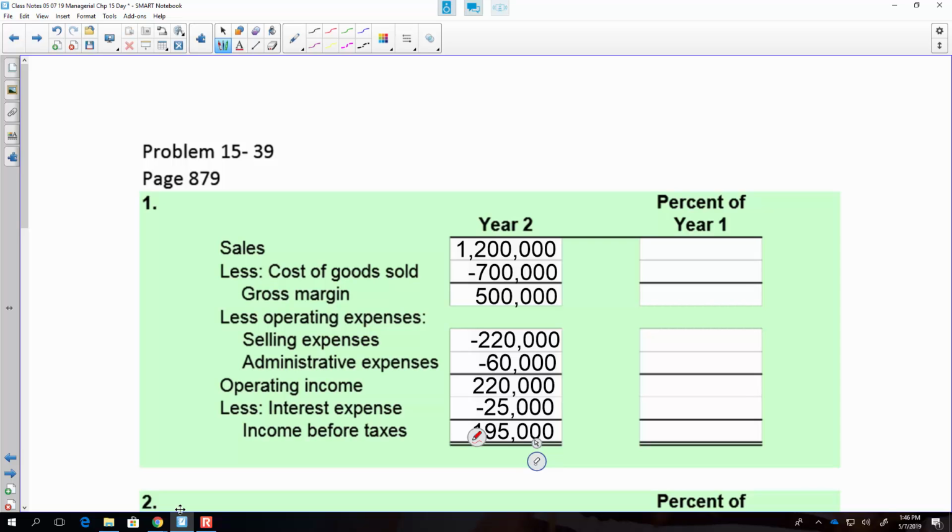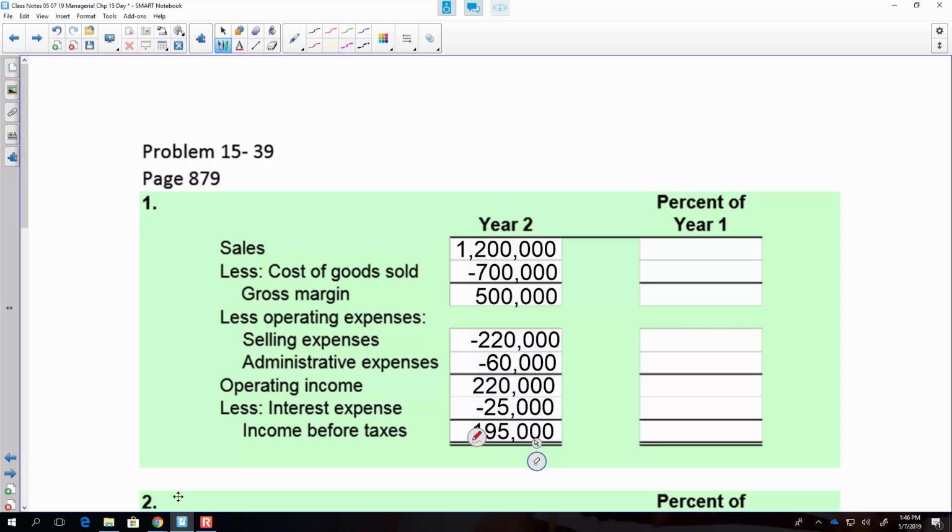All right, so let me jump to 879. Looks like they're very successful. Remember, this is year 2. Year 1 is also given, but remember that's our base year.